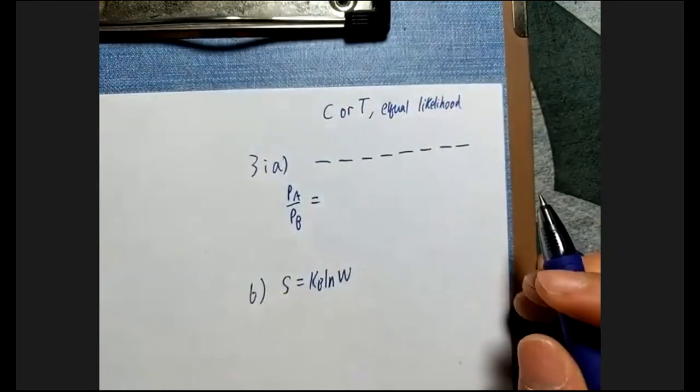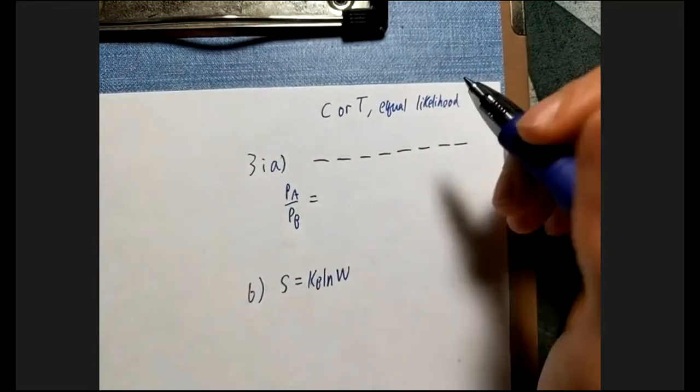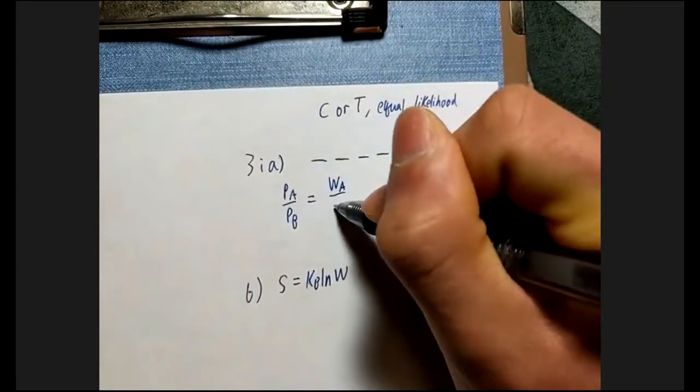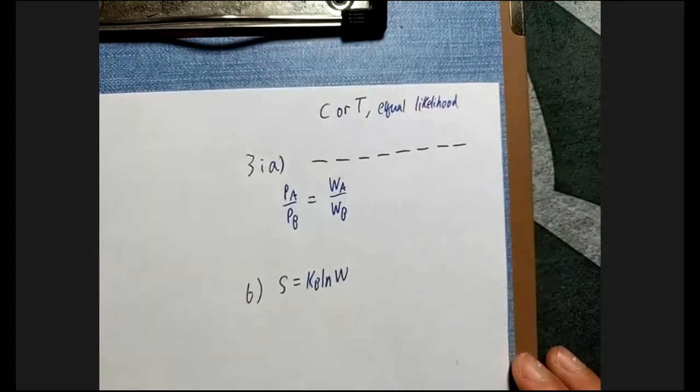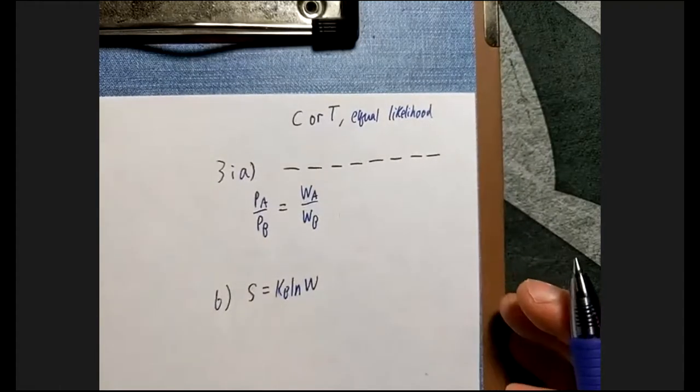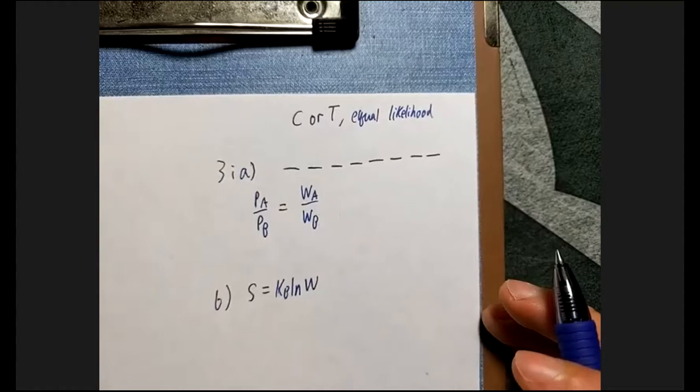When you are asked for the relative probability, PA over PB, this means that you will look at the multiplicity of the states instead of the energy of the states. So now the probability is simply multiplicity of A over multiplicity of B. To find these, you have to determine how many microstates there are in state A and state B. For state A, you have 6 trans bonds and 2 cis bonds.